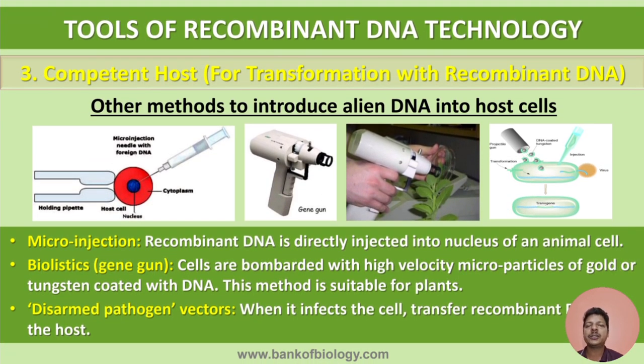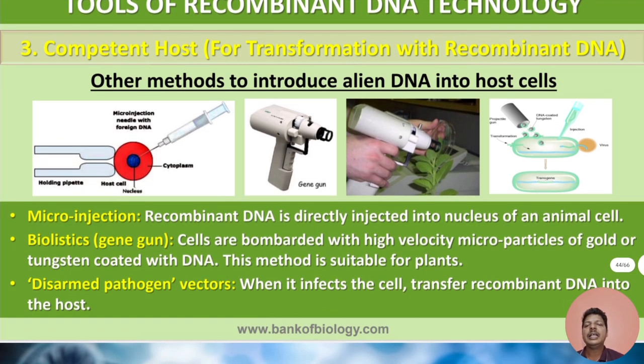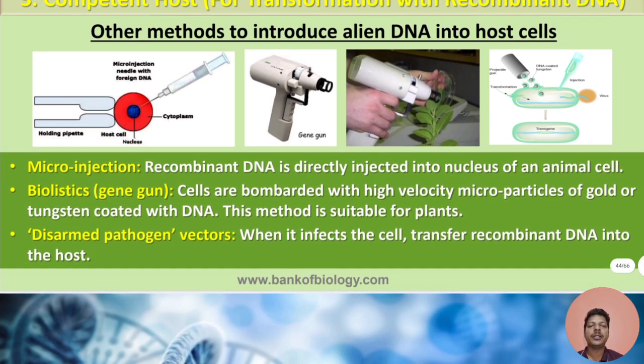Here are other methods to introduce alien DNA into the host cell. First is microinjection. Recombinant DNA is directly injected into the nucleus of an animal cell. Second, ballistic or gene gun. Cells are bombarded with high velocity microparticles of gold or tungsten coated with DNA.